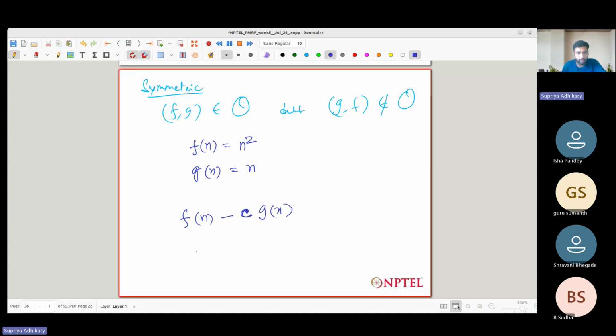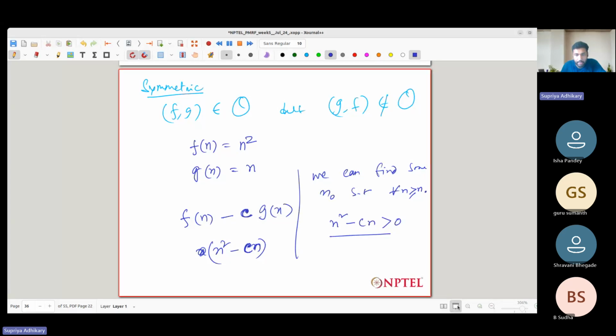This function is nothing but n square minus cn. Definitely, if we have a constant like this, we can find some n0 such that for all n greater than or equal to n0, n square minus cn is greater than 0.